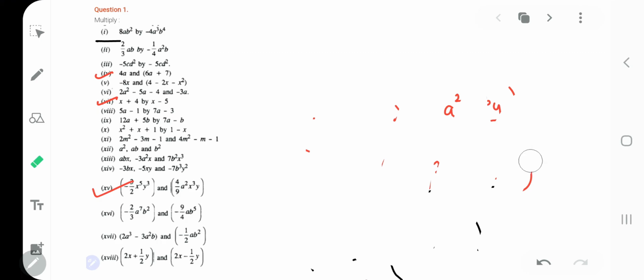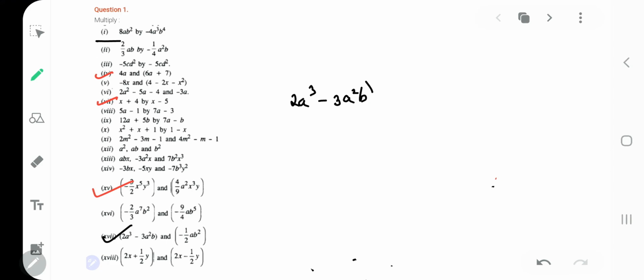Next, I will take your problem number 17. That is 2a cube minus 3a square b, which is multiplied with minus 1 upon 2 ab square. My dear kids, let's start.